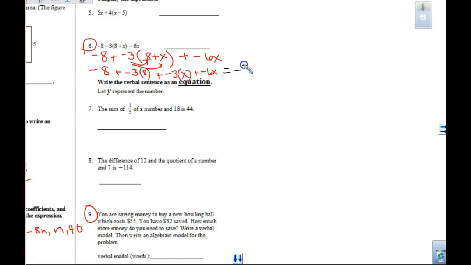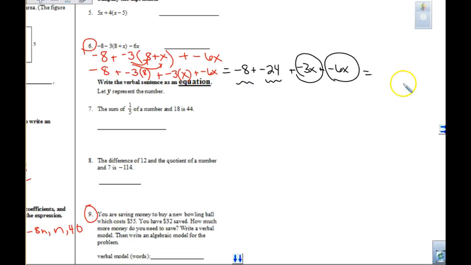I have negative 8 plus negative 24 plus negative 3x plus negative 6x. So now I'm going to do my like terms like we had to do that first day. Oh, these two look alike. I'm going to add those together. And then I might add my 2 numbers together to get my answer. We'll check it tomorrow in class, okay?